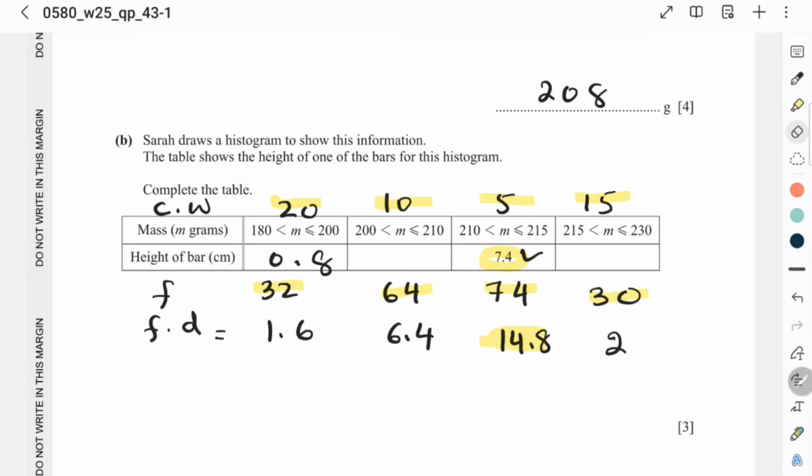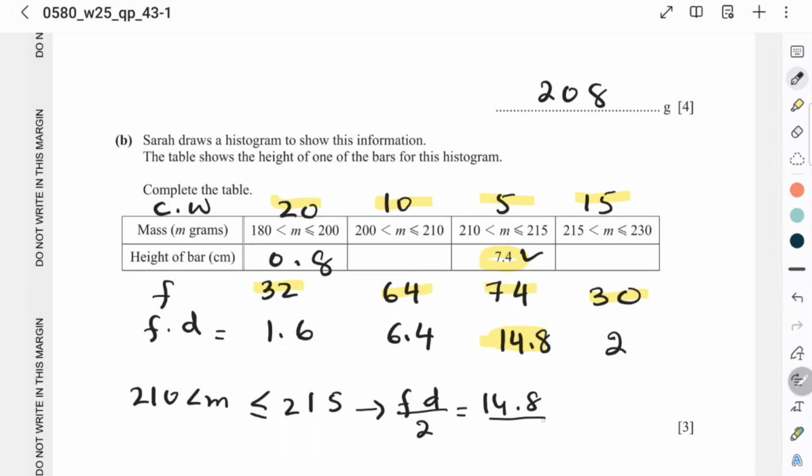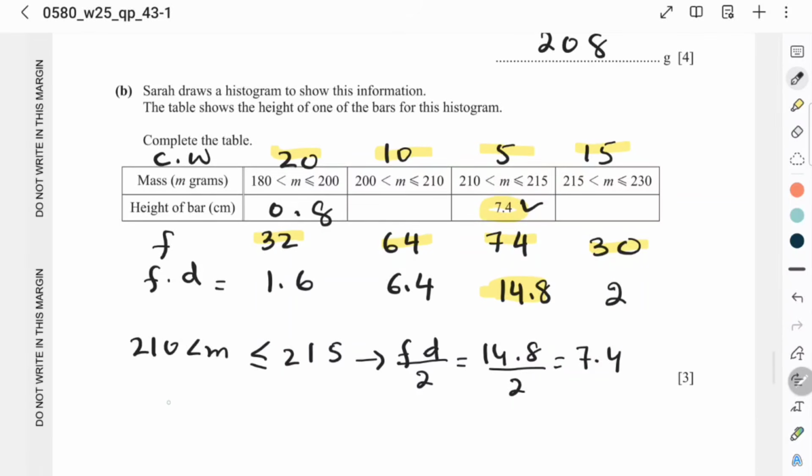So to get the height, we just divide frequency density by 2. For 210 to 215, frequency density upon 2 is equal to 14.8 upon 2 is equal to 7.4.